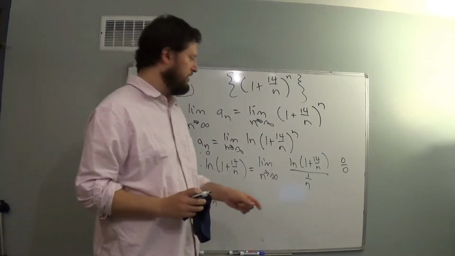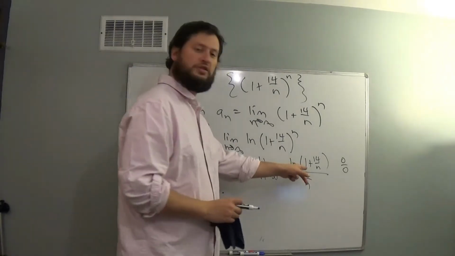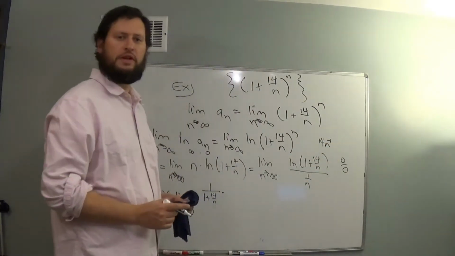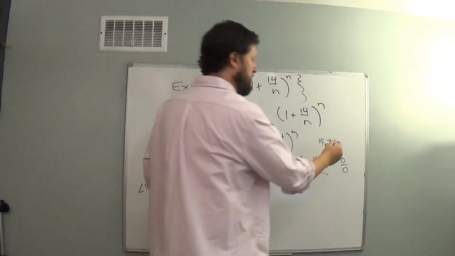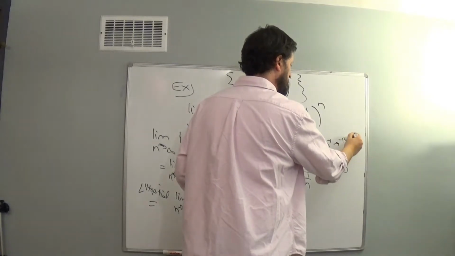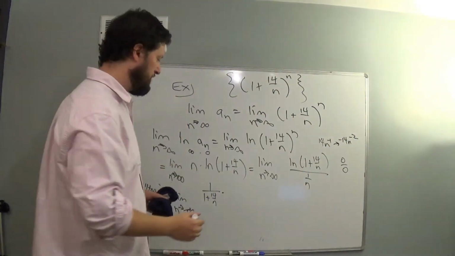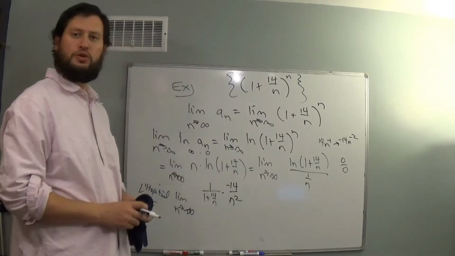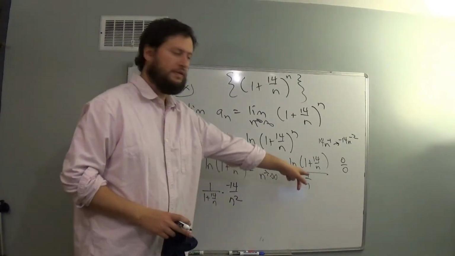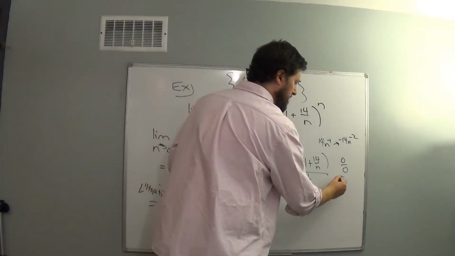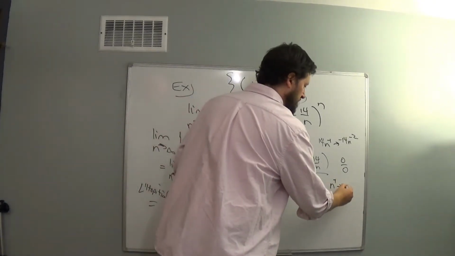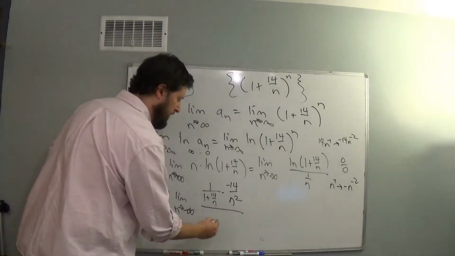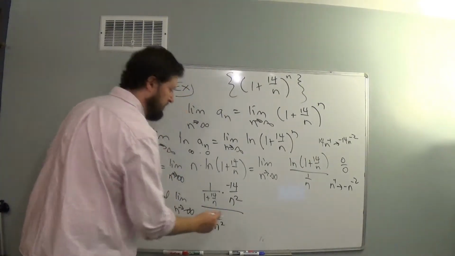And the derivative of what's inside is, well, the 1 goes to 0, that's 14 n to the minus 1, so its derivative is negative 14 n to the minus 2, which is negative 14 over n squared. So that's the derivative of the numerator. The derivative of the denominator, well, that's n to the minus 1, so the derivative of that is negative n to the negative 2, which is negative 1 over n squared.